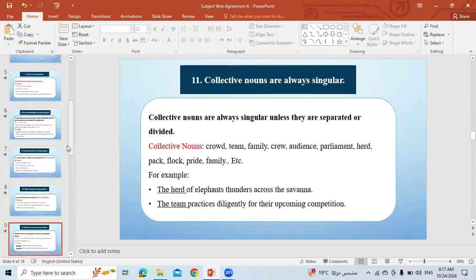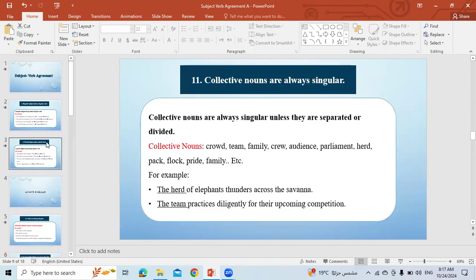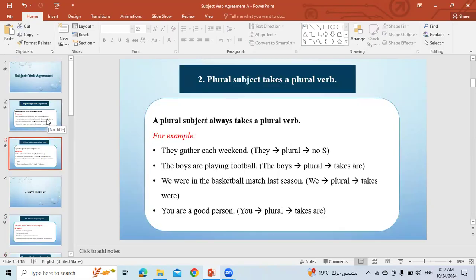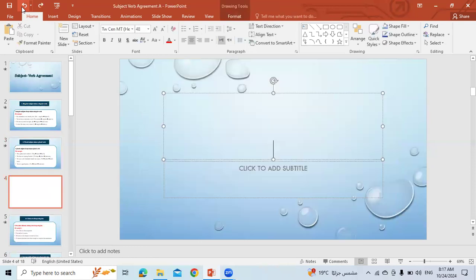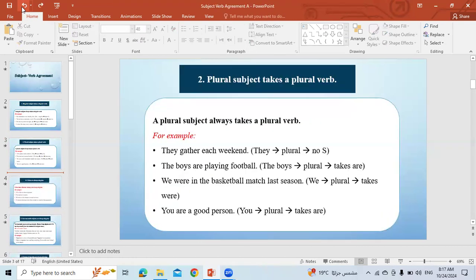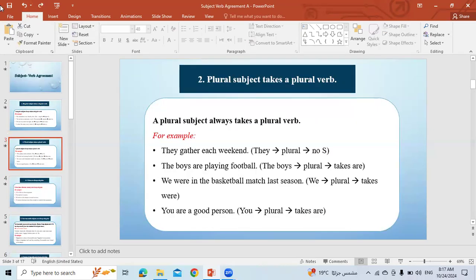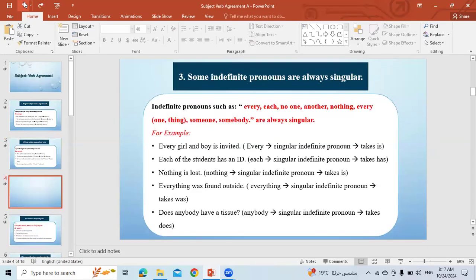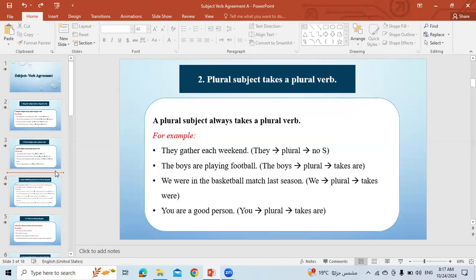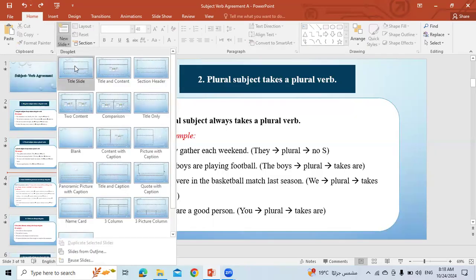Yes, excellent. Collective nouns. Excellent. The countries, the mathematics, subjects. Yes. Right. So excellent.